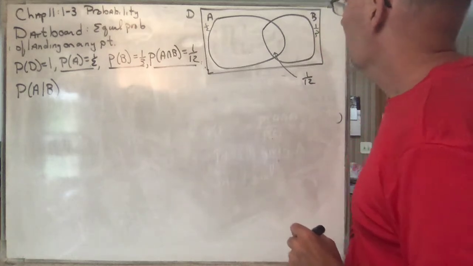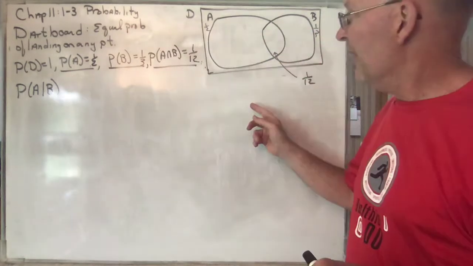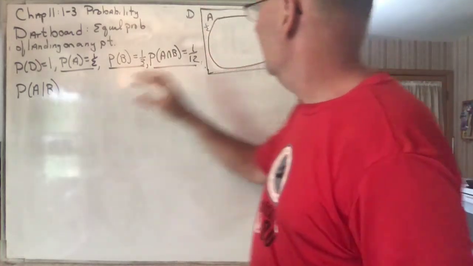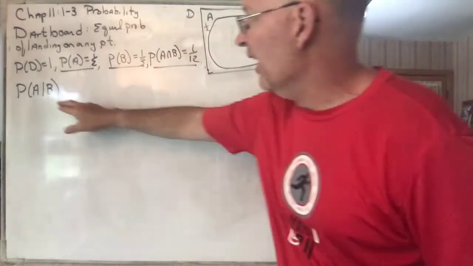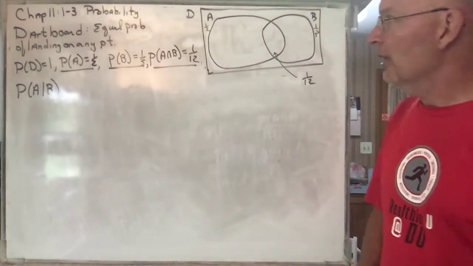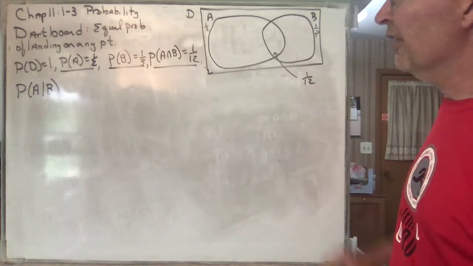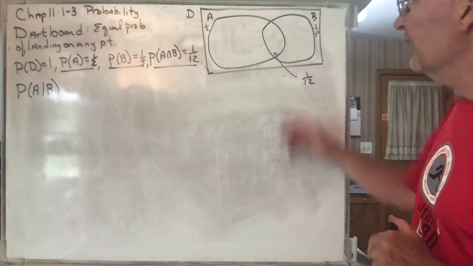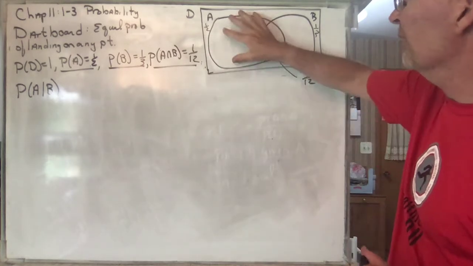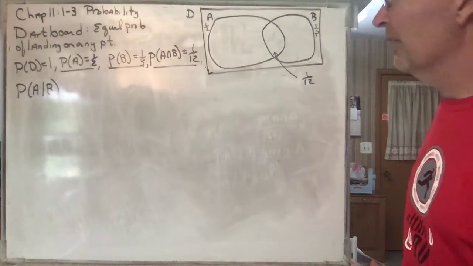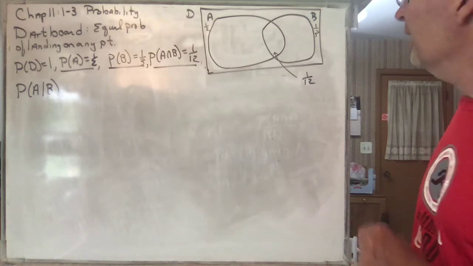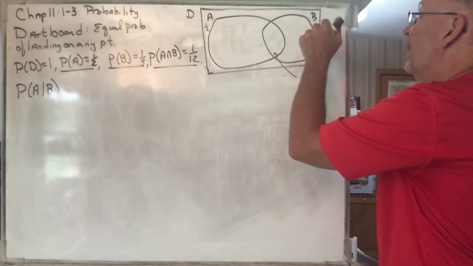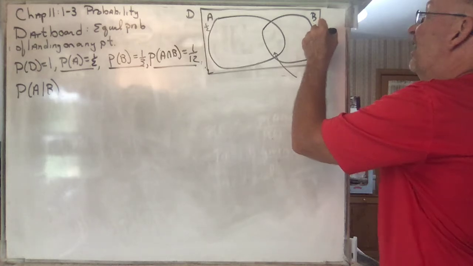So, what does that mean? That means that we want to know what's the probability that you are in A given the fact that you know you're in B. In other words, you close your eyes, you throw a dart on the dartboard, and if you don't know anything and I say what's the probability that you're in A, you would say 1/2, because that's half of the area of the board. But now I tell you, you landed in B. How does that change things?